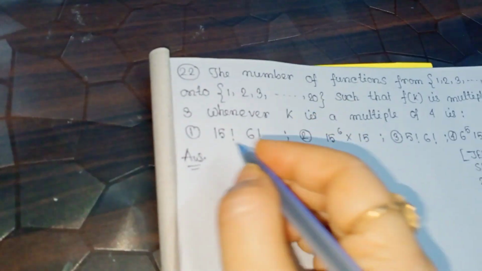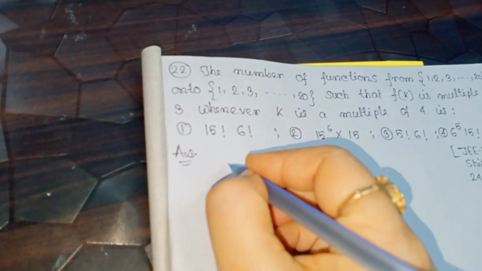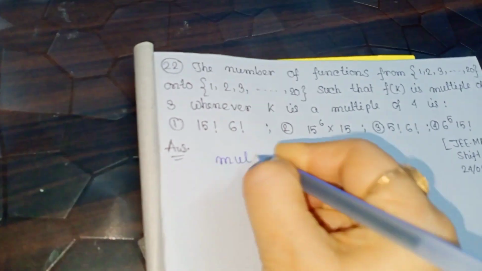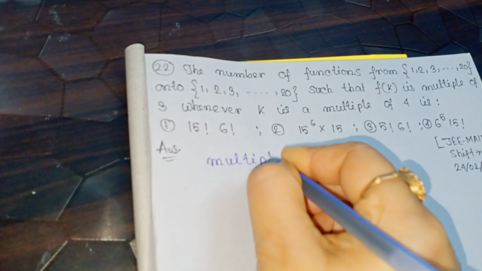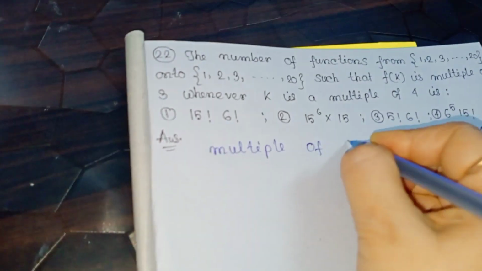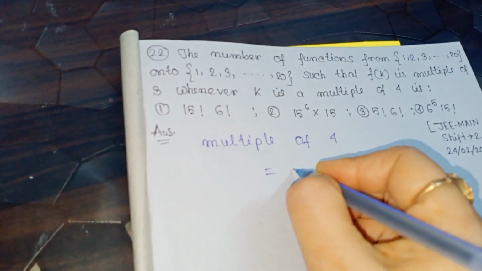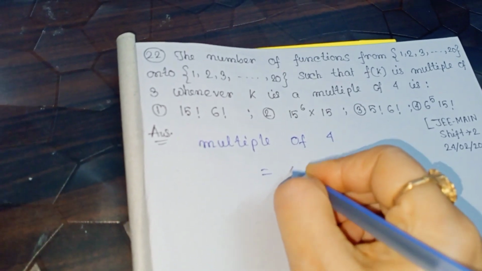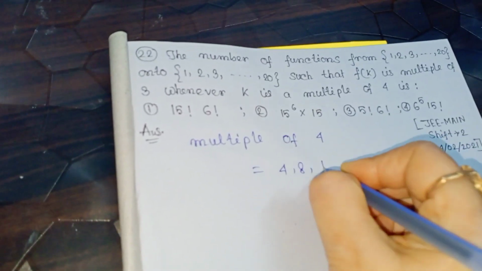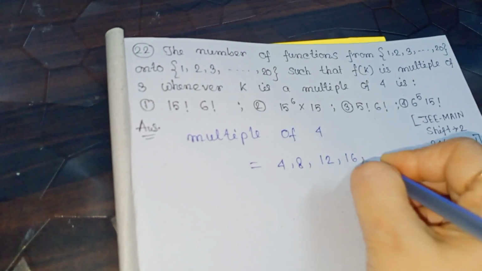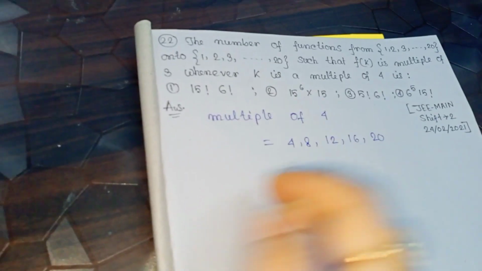So here, the multiples of 4 are 4, 8, 12, 16, 20, up to 20.